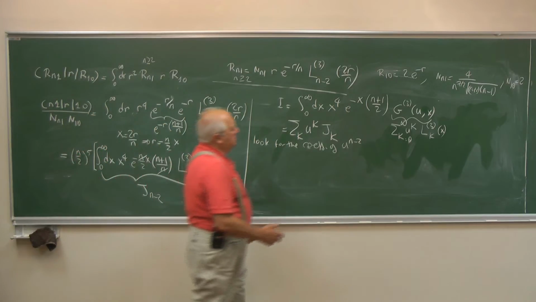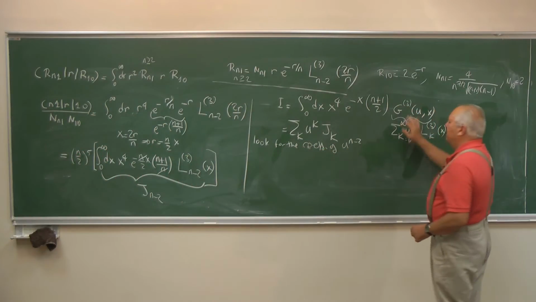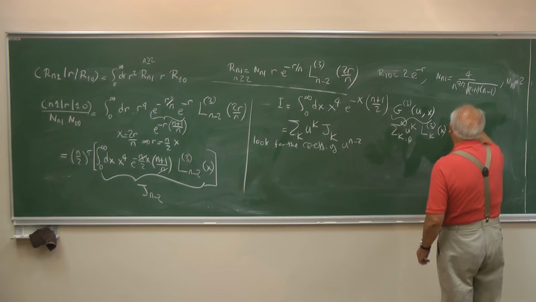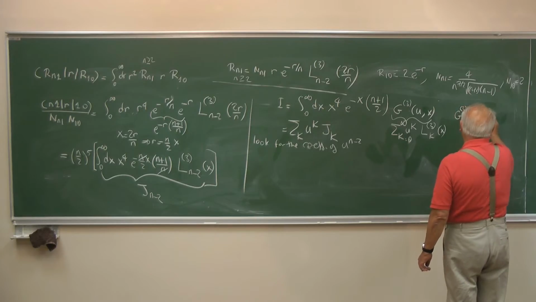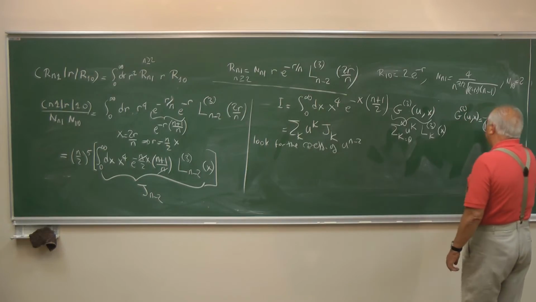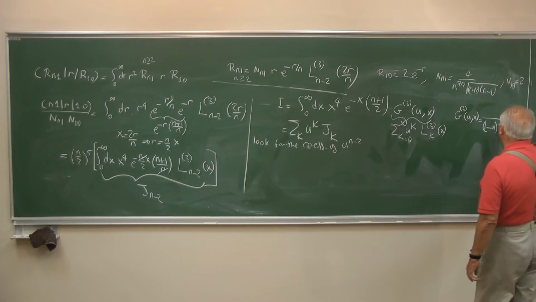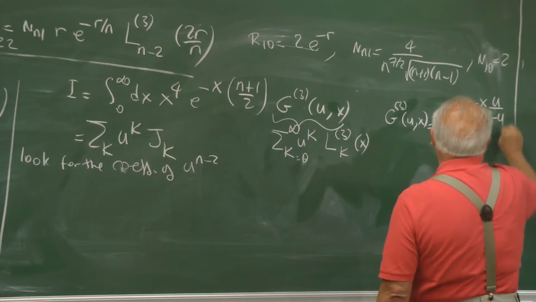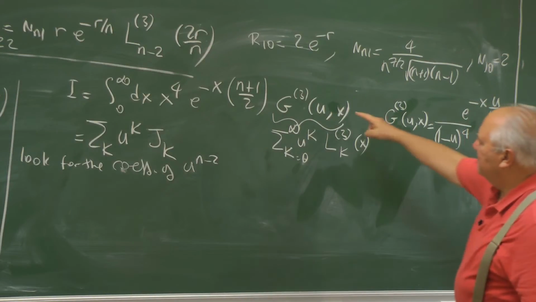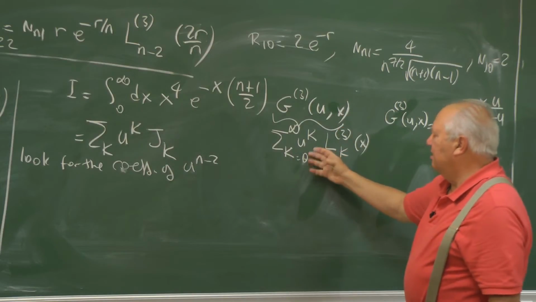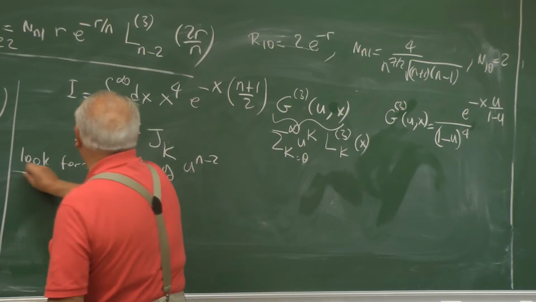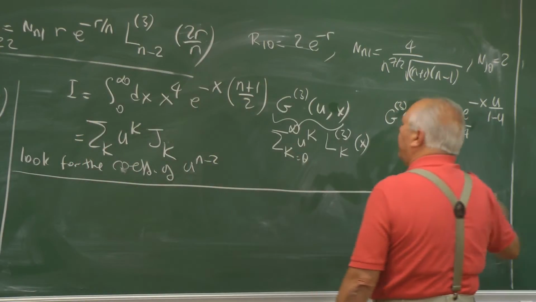The advantage is that the closed form of g is simple, so that we can take the integral exactly. This is equal to 1 minus u to the alpha plus 1, if this was alpha, so it is 4, e to the minus x u over 1 minus u. So we just put it in here, take the integral, expand it, look at the coefficient j k, and plug that thing in here. So that's what we begin.